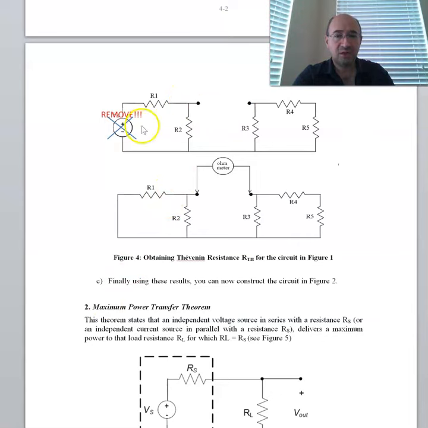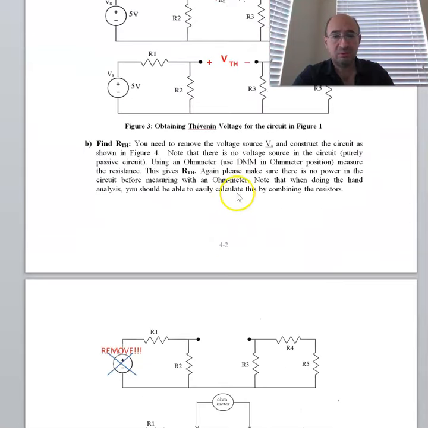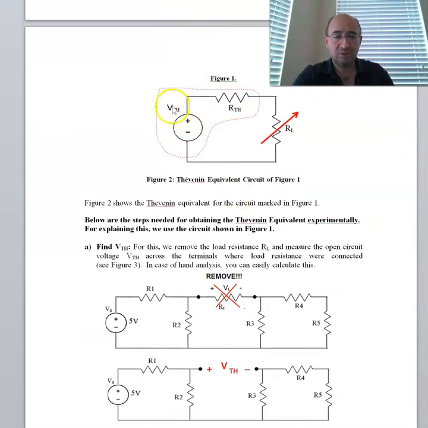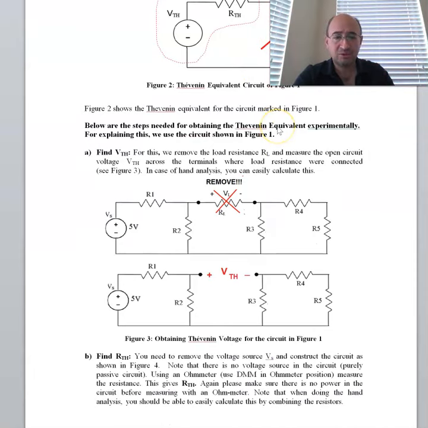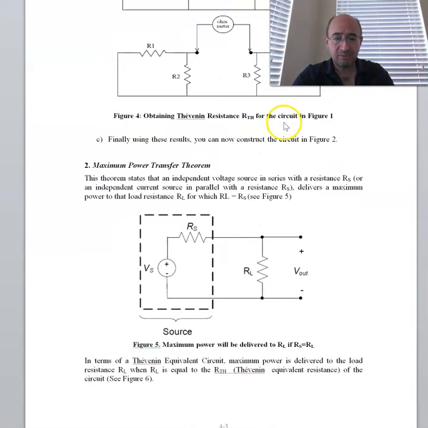But before doing that, you should remove the DC source and put a wire after you remove the source. And then using a multimeter, you can measure how much resistance it has. Then you have this equivalent circuitry that you could use to calculate load currents and voltages at different RL. So it makes our life very easy.